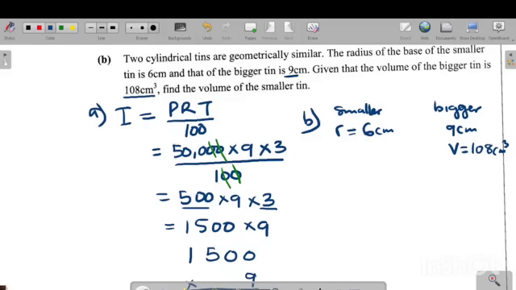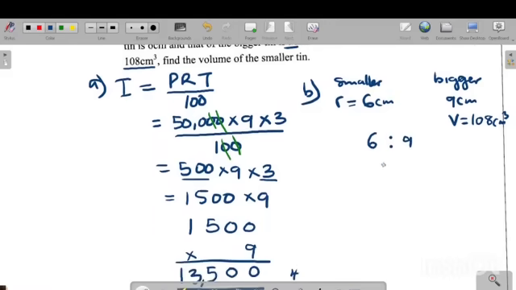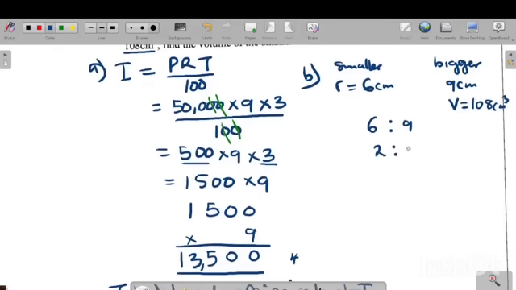First of all, you need to write this radius into a ratio. So you have 6 to 9. But these ratios can be reduced. You can see that 3 can go into 6 2 times, and 3 can go into 9 3 times.